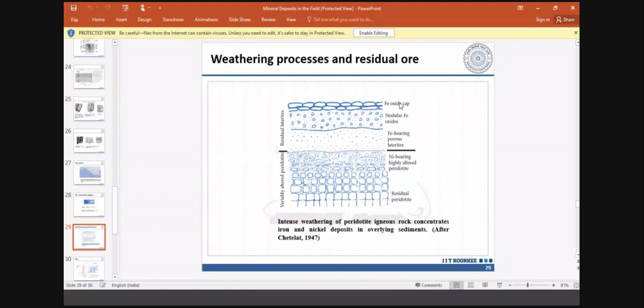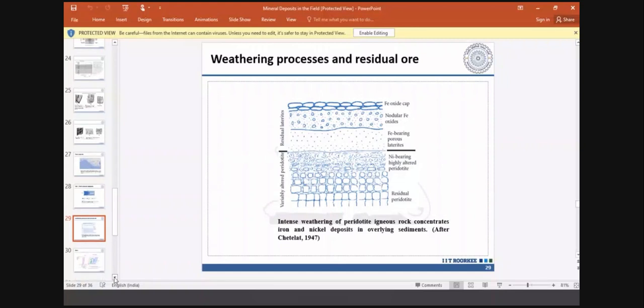For example, the top one is iron oxide. You can have nodular iron. These are the laterites carrying a lot of iron. This particular part is nickel. It carries a lot of nickel. So when an ultramafic rock is subjected to weathering, this can create this type of mineral deposits. Basically, it's formed by the leaching process.